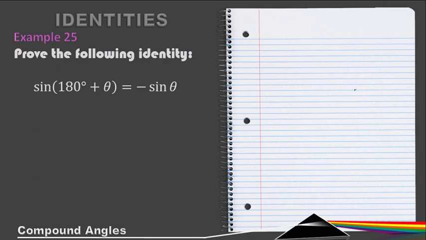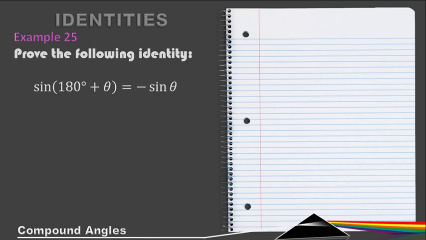So for example 25, prove the following identity. Now as you can see here, if you have already done reduction formulas, which you should have, this is simply the reduction formula for sine 180 plus theta, but we need to prove this reduction formula is valid.